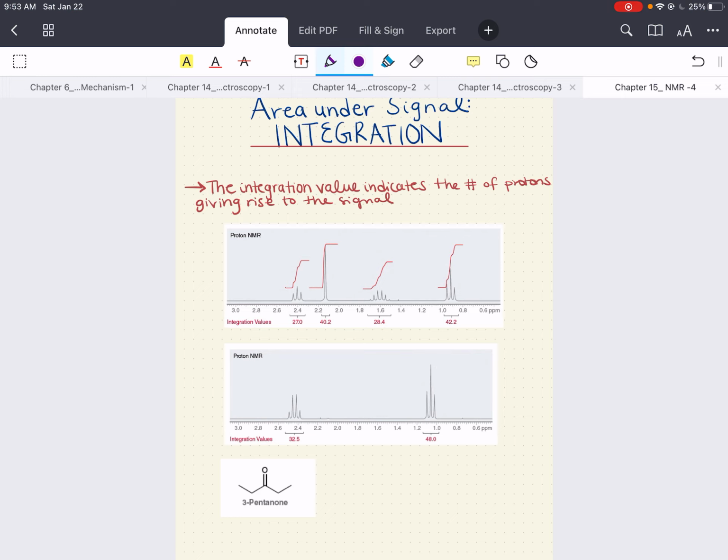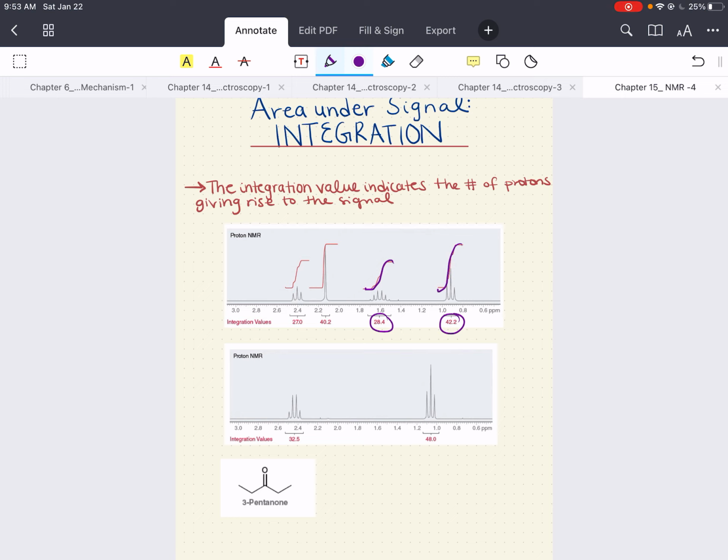Well, how are we going to know that they even exist, though, when we look at an NMR spectra? This is where integration becomes extremely useful. Integration is going to let us know that information. So after acquiring a spectrum, the computer is going to calculate the area under each one of these signals and then display this area as a numerical value under or above each signal.